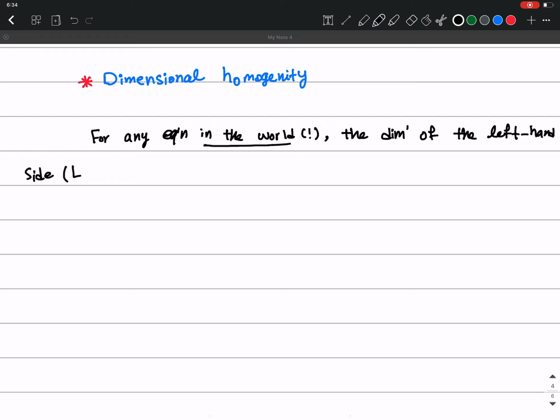Later in the course, if I use LHS, it means left hand side, and if I use RHS, it means right hand side. So the dimension of the left hand side of the equation must be the same as those on the right.